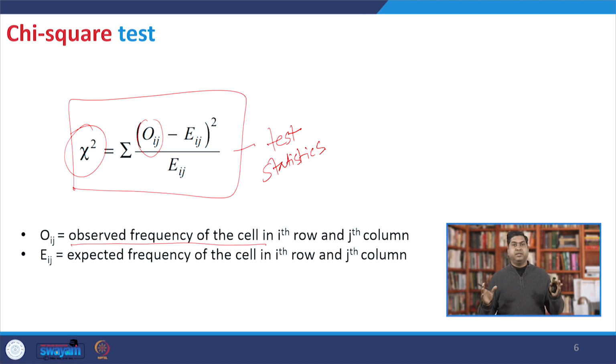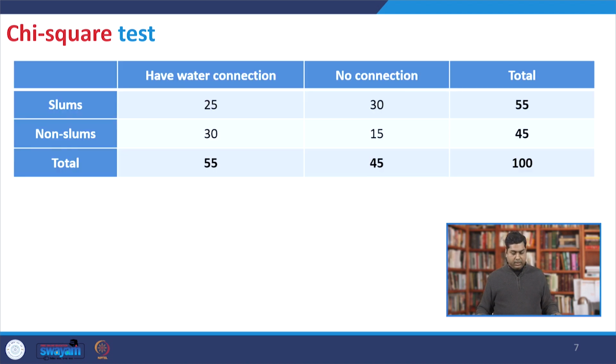So we have a series of data, and then we also calculate the expected frequency of the corresponding cell, and then we take the squared difference of that, and divide it by the expected frequency, and we sum that ratio over all cells, that is, the squared difference of observed frequency minus expected frequency divided by the expected frequency. Now how to calculate this Eij, I'll come to that.